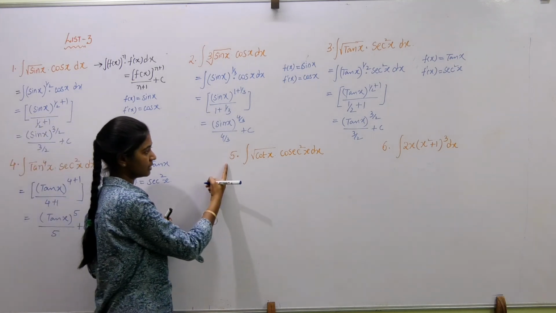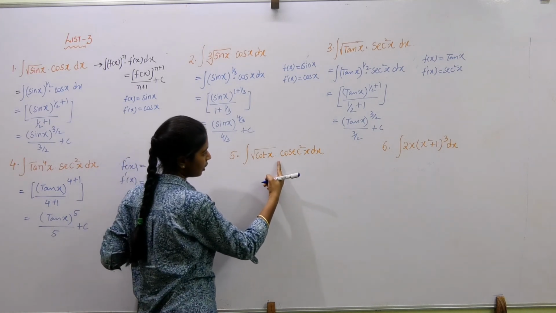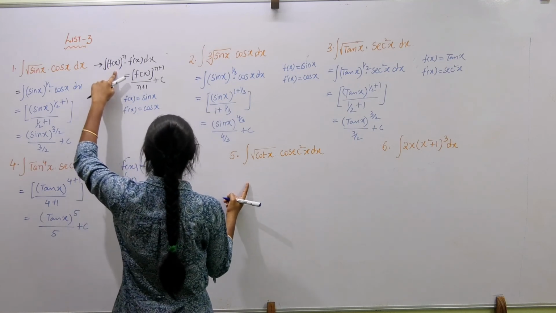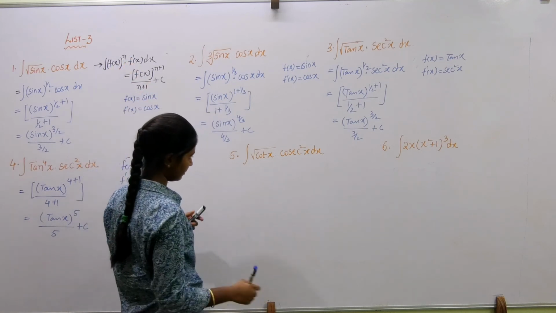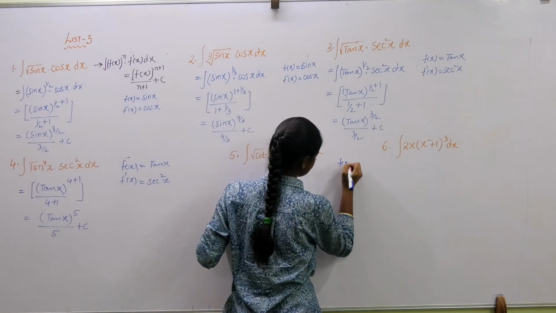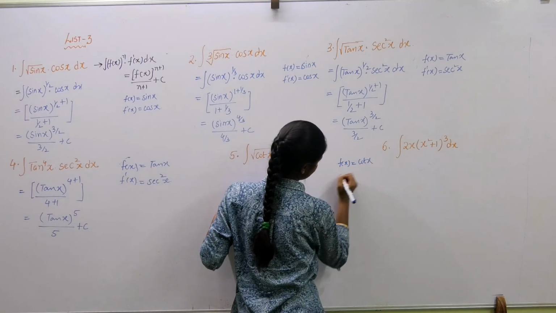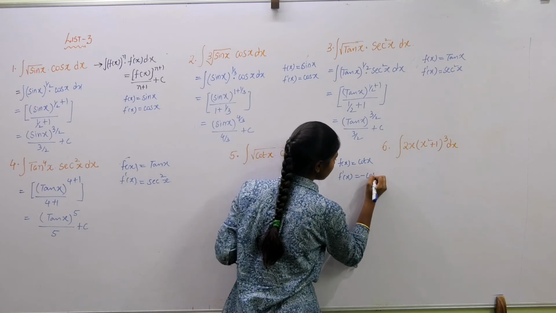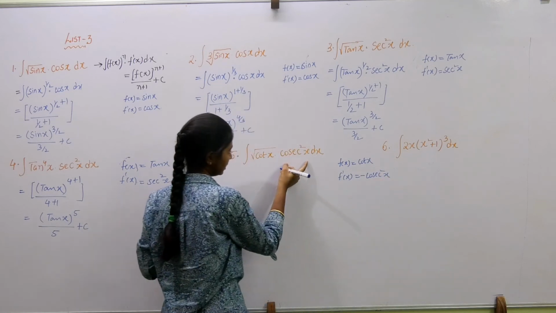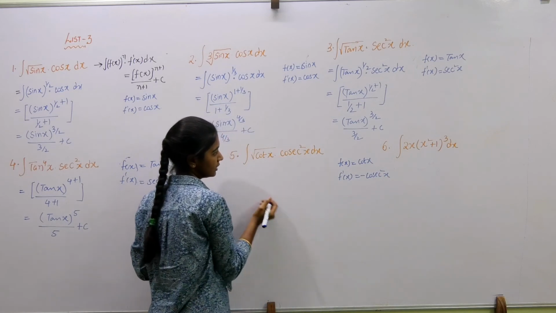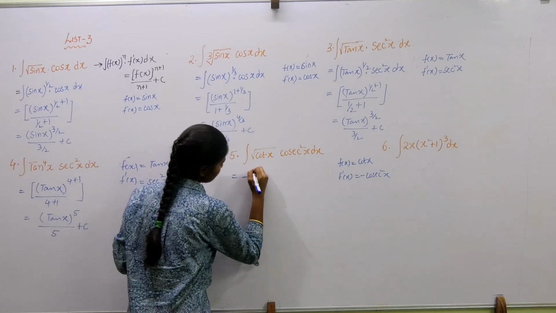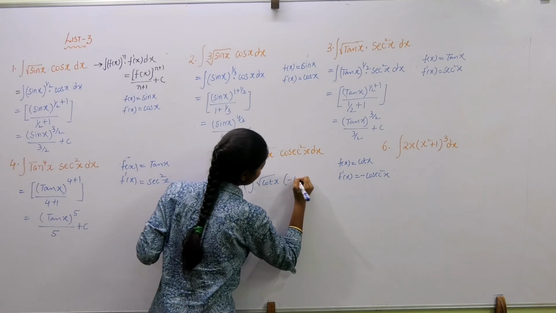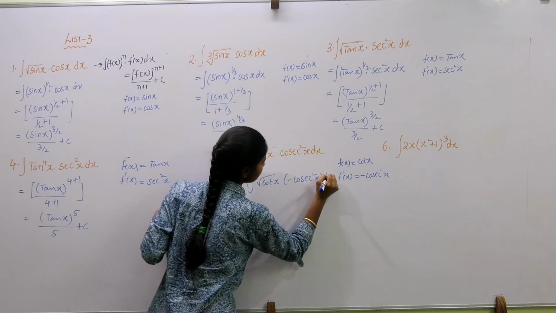Next, fifth question: integral of square root of cot x into cosecant square x dx. This is also in the form of integral of [f(x)]^n into f'(x). Let us write, first, f(x) is equal to cot x. d/dx of cot x is minus cosecant square x. But here in the question we don't have minus cosecant square x. So we adjust one minus: root of cot x and here minus cosecant square x dx.